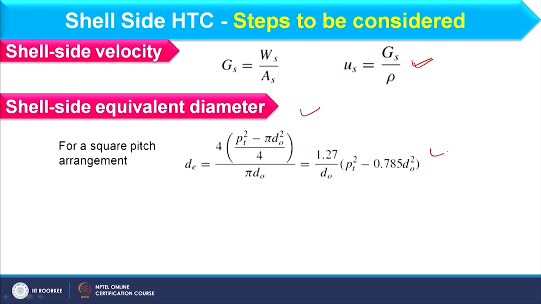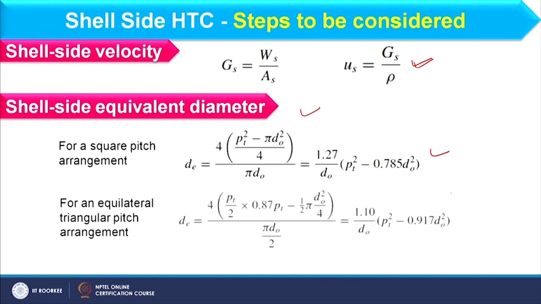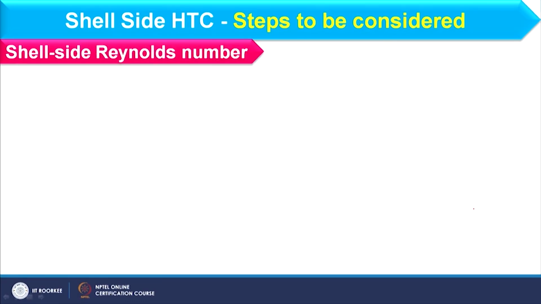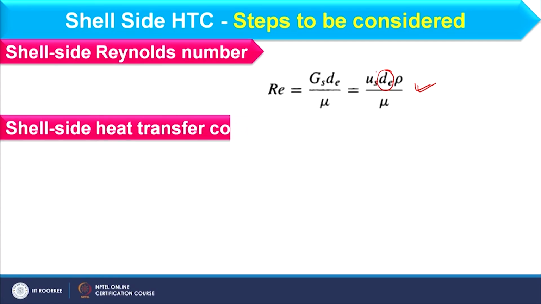For square pitch we can use this expression, and for triangular pitch we can consider this expression. And after that I can find the shell side Reynolds number using this equation, where I am considering de, the equivalent diameter which we have just calculated.